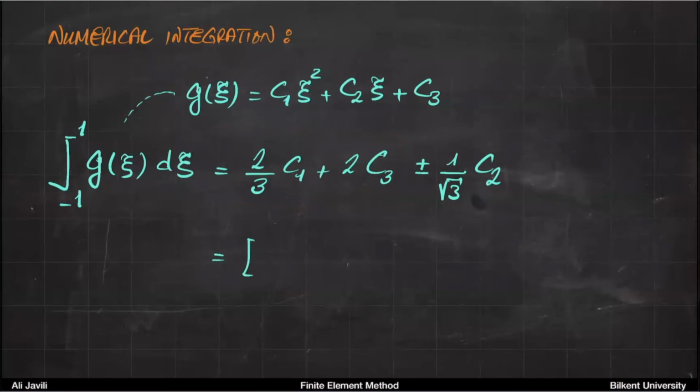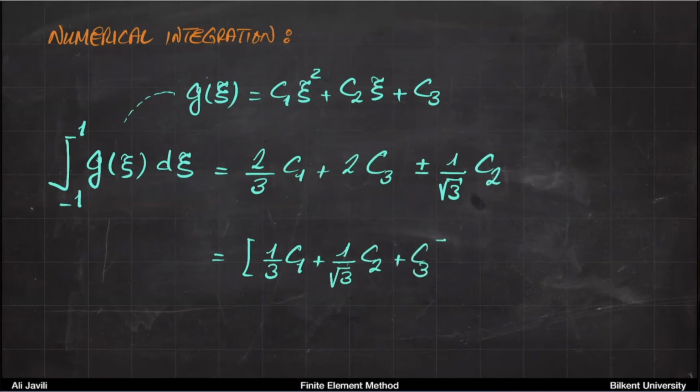Instead of 2/3, I would say 1/3 c1 plus, sorry, 1 over square root of 3 c2 plus c3.